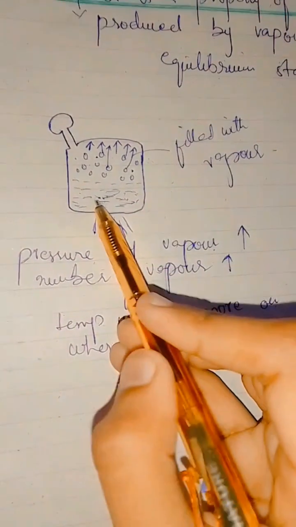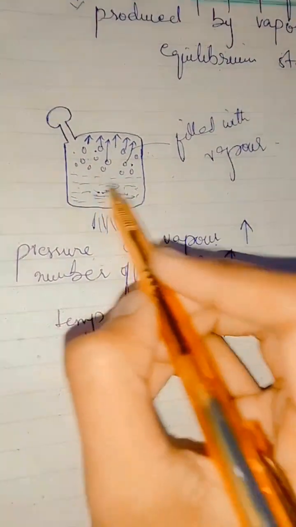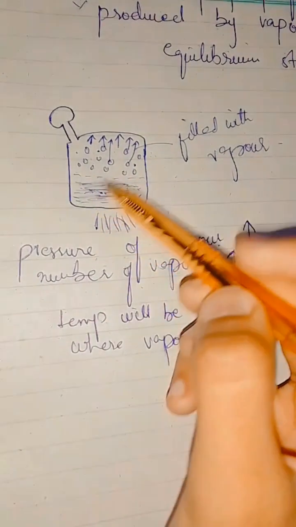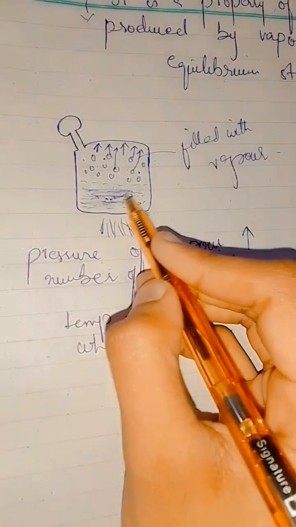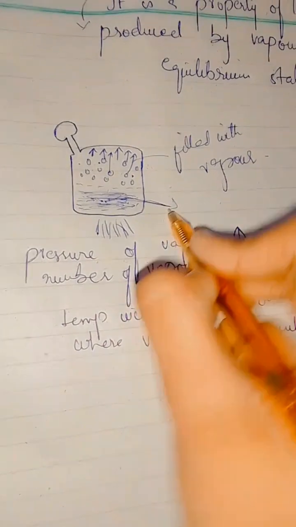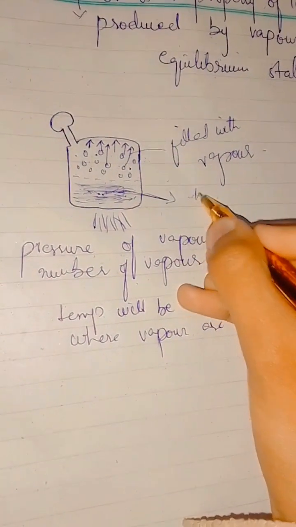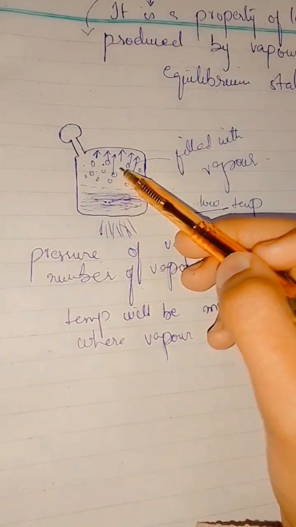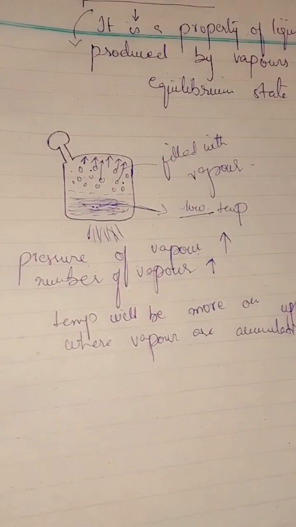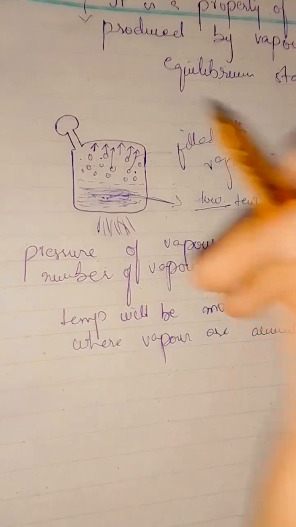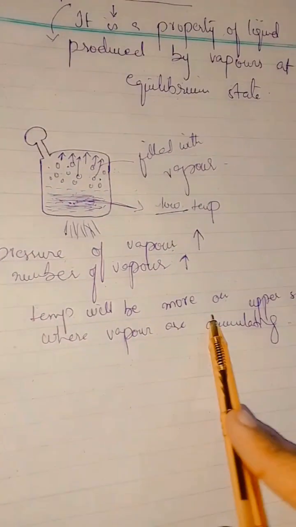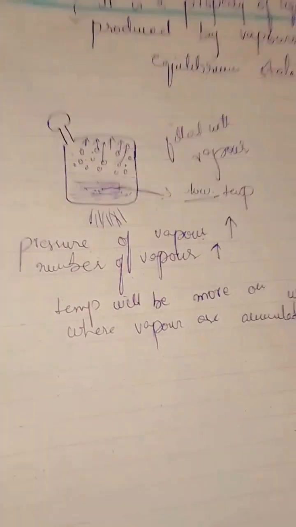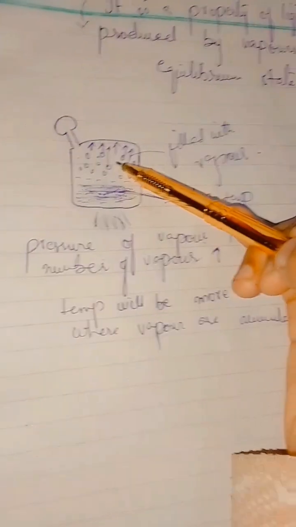Before, as the water molecules were continuously converting into vapor, the temperature of that hot water was low. The temperature was low because much had been converted into vapors. But the empty space temperature was more on the upper side, because the vapors are accumulating there, so the temperature will be high in the empty space.